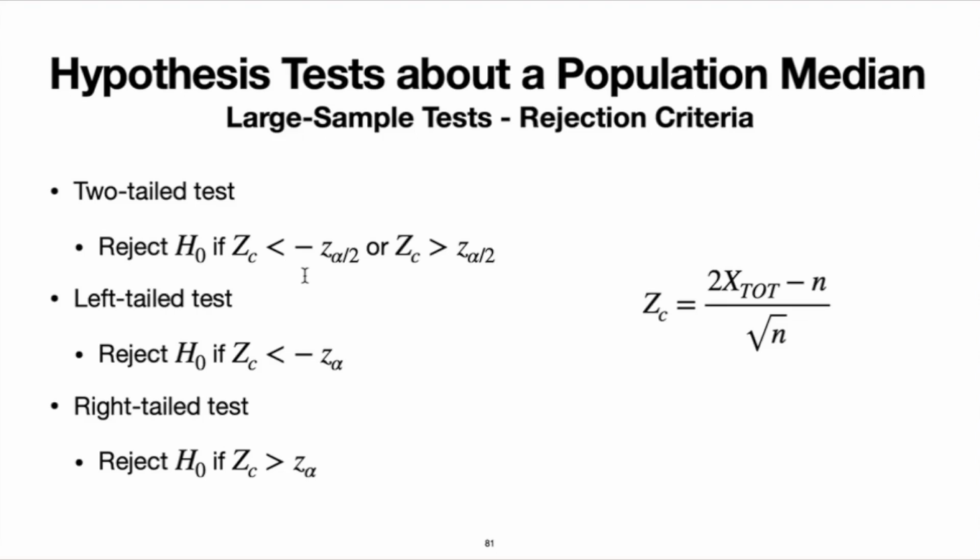For the left-tailed test, we reject for small values of the test statistic, in particular, if zcalc is less than negative z sub alpha. And then for a right-tailed test, we reject for large values, in particular, if zcalc is greater than z sub alpha. And again, remember that in all 3 of these, zcalc is 2 times x tot minus n over the square root of n.